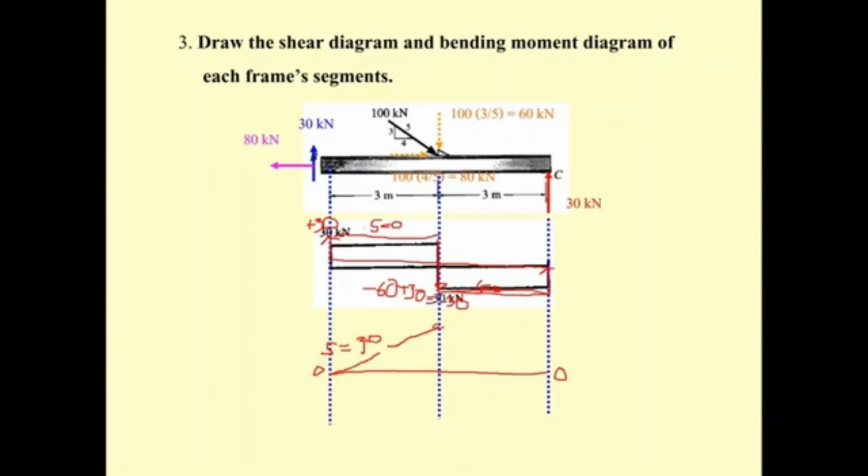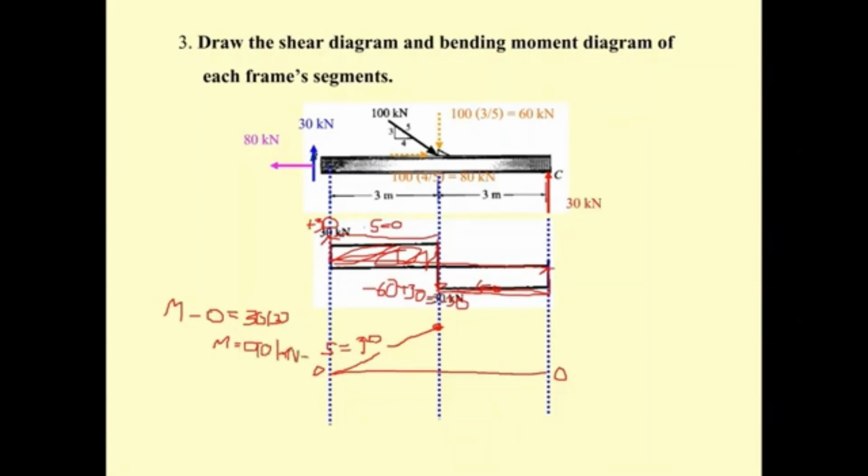And the moment here is what? The moment M here is going to be minus 0, and it's going to equal the area of this, and the area of this is going to be 30 times 3. So the M here is going to be 90 kilonewton meter.